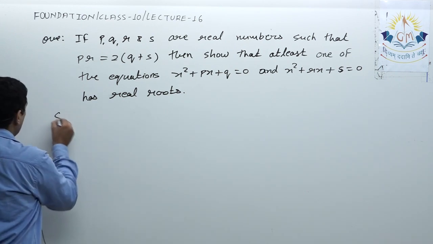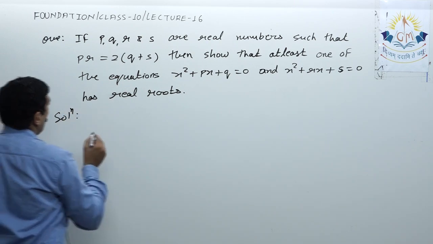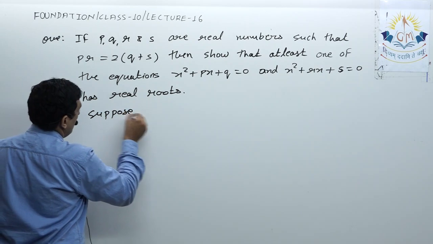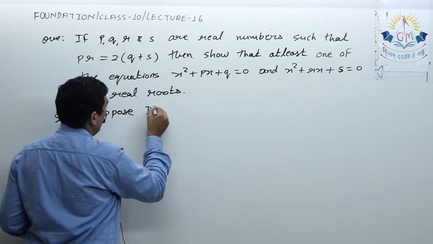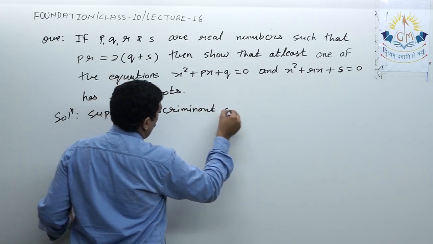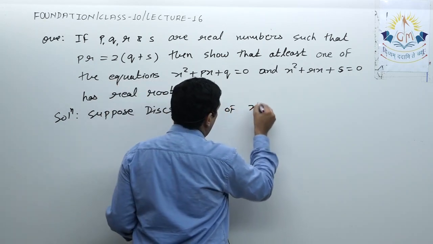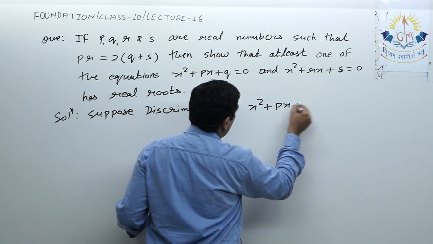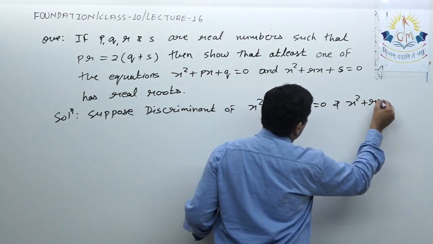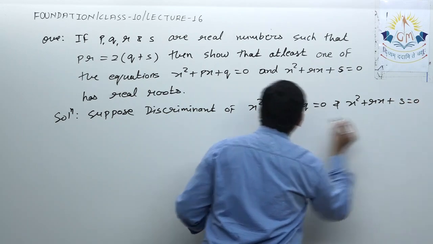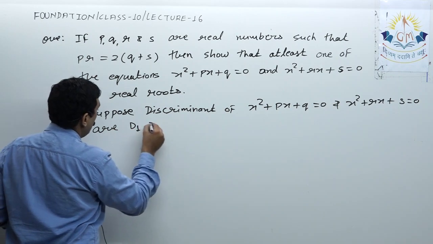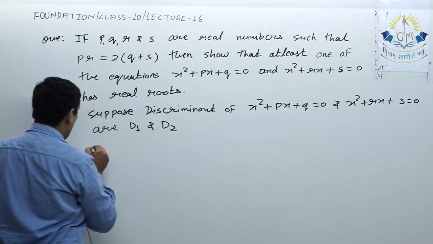Okay, so let us see how to solve this. Suppose the discriminants of x square plus px plus q equal to 0 and x square plus rx plus s equal to 0 are d1 and d2.